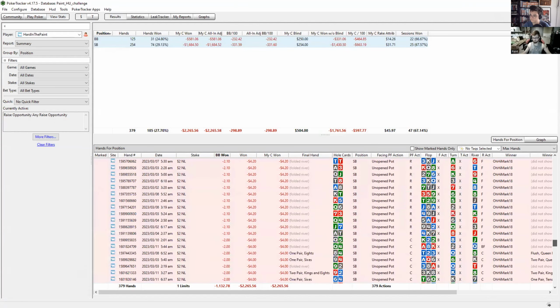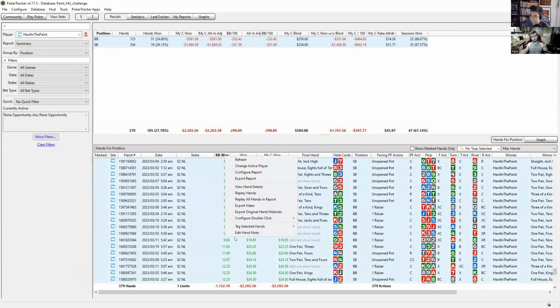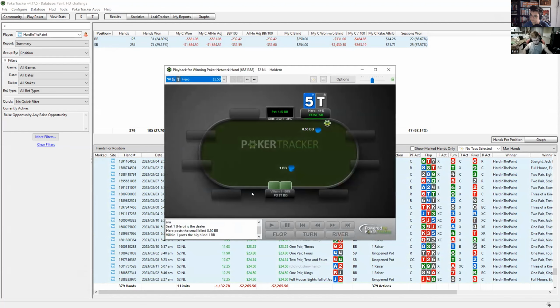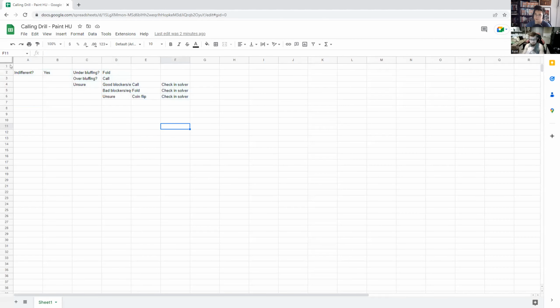Right, some of these hands where, yeah, you just go through the decision tree, and then when you get to the end of this, if it's no, then you go to the next hand.